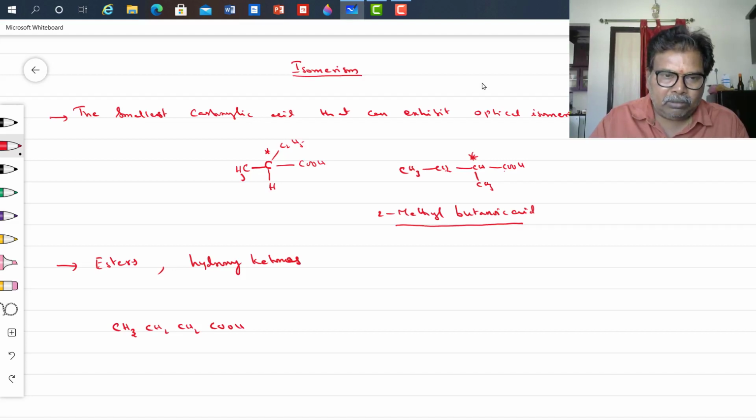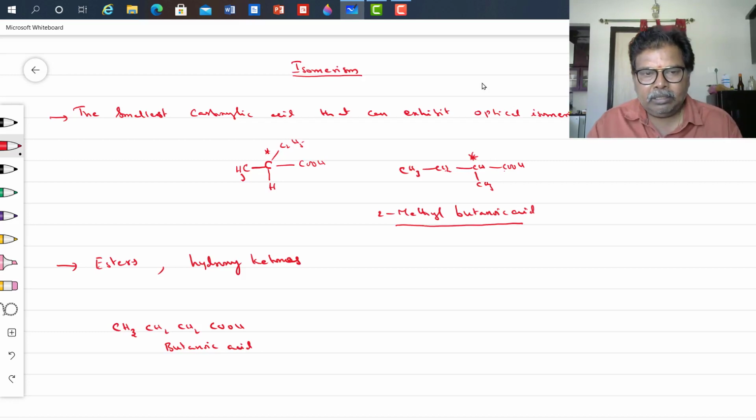It is 1, 2, 3, 4, butanoic acid. So, how many isomers are possible? See, in case of ester, C4H8O2.